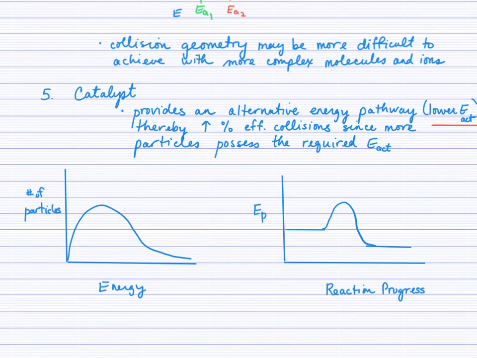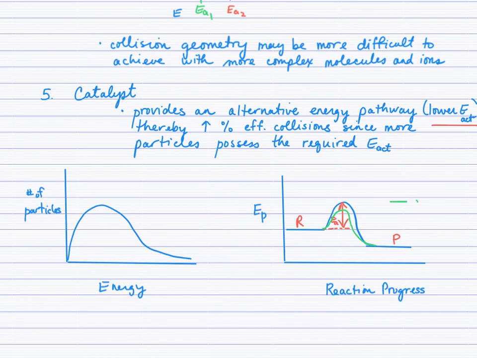That's easiest to be seen, I think, in the potential energy diagram if you're comfortable labeling the activation energy. So remember in our earlier diagrams, we labeled this height here as the activation energy. Now, what do we think a catalyst does? We think a catalyst provides a lower height hill, if you will, a lower energy pathway.